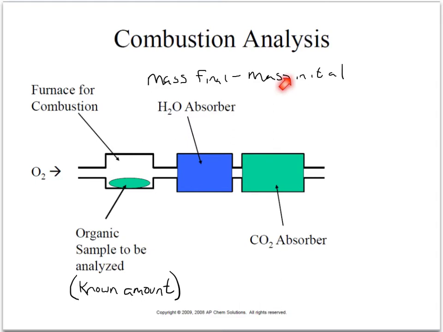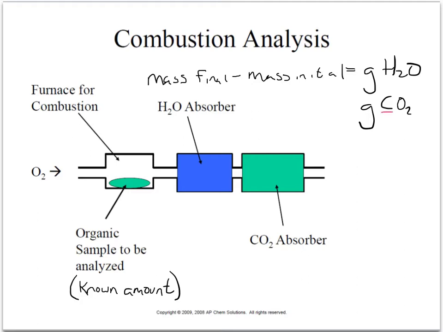That would be our initial mass. We would know how much it weighed at the end. That would be our final mass. And we'd subtract those two. That would tell us, if we were looking at the H2O absorber, the grams of water that's absorbed. If we were to do it for the CO2 absorber, it would tell us the grams of CO2 that were absorbed, and therefore the amount of water that's produced and the amount of carbon dioxide that's produced.